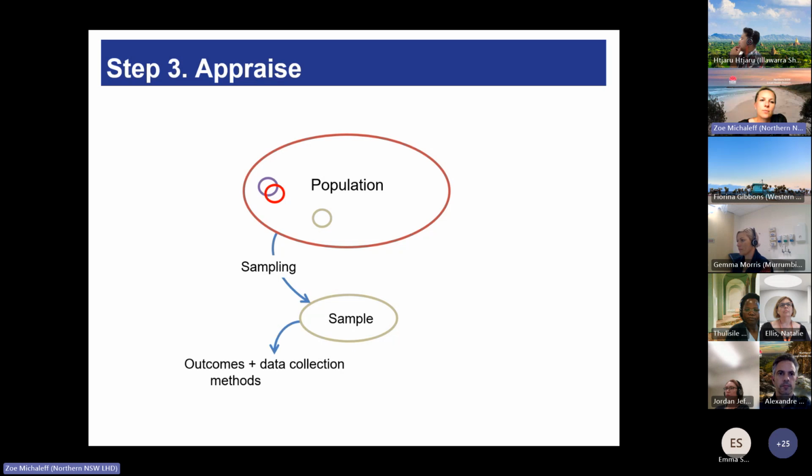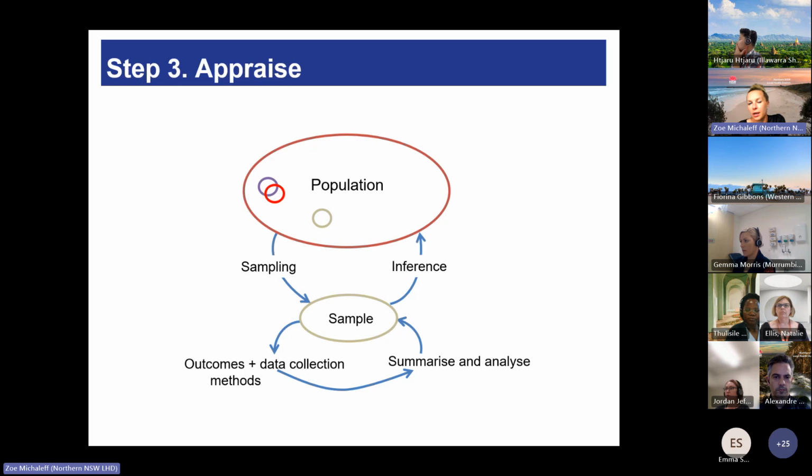Based on that sample, they use outcome measures to then collect information or data from the people who have been recruited in that sample. The researchers then summarise and analyse the results of the information that they collect. And they use those results from that sample to make inferences or apply the understandings and learnings from that sample to the wider population.